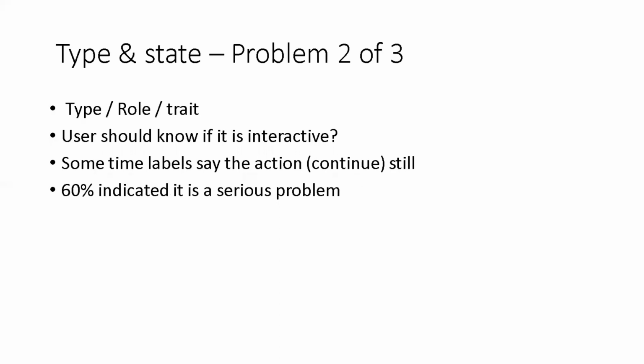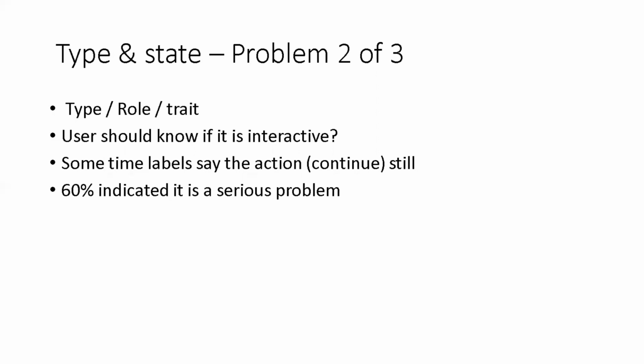So the next one is about the type and the state. We call this type by different names in different operating systems. On the web, we call it a role. A button is a role, a link is a role, an image is a role, a heading is a role.